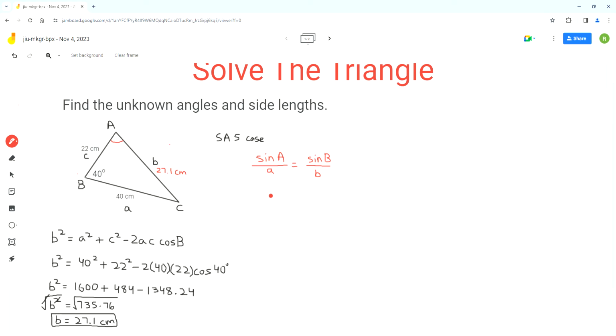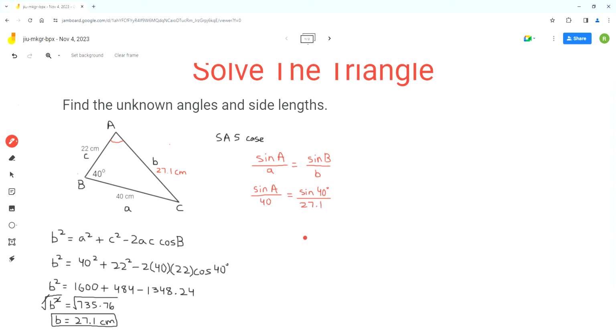And now we just have to sub in the values. So sine of angle A over side A, which is 40, equals sine of 40 degrees. So that's the given angle, over side B, which we calculated as 27.1 centimeter.